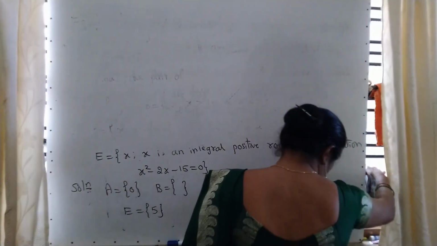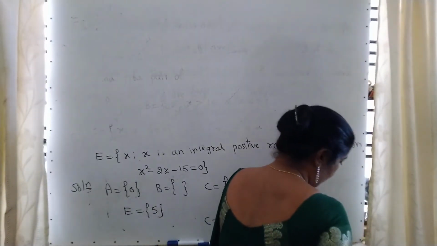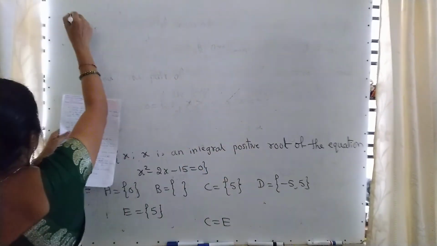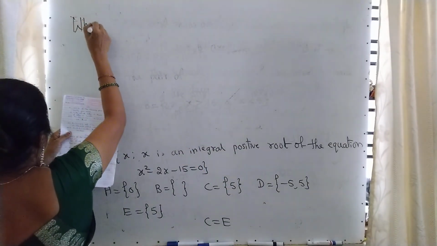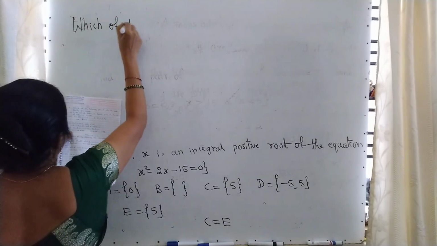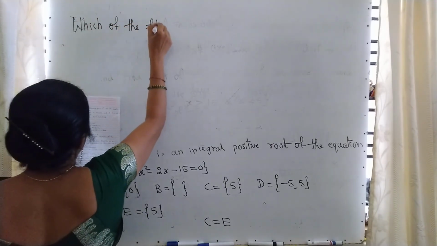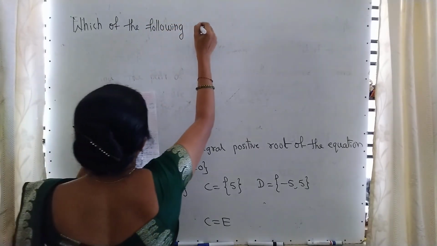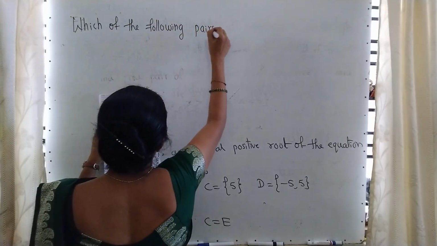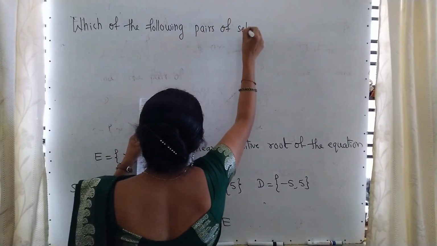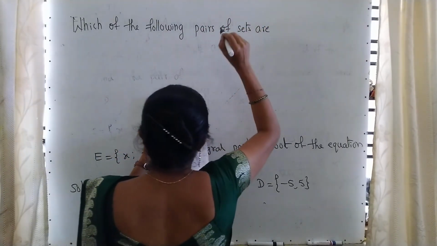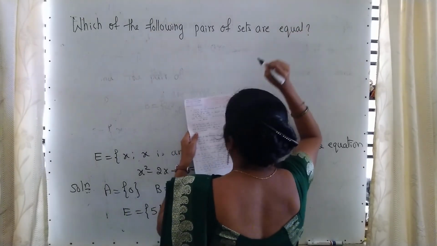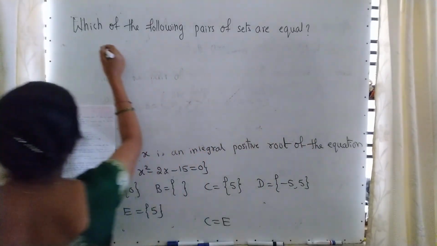Moving to the next example. Which of the following pairs of sets are equal? Justify your answer.